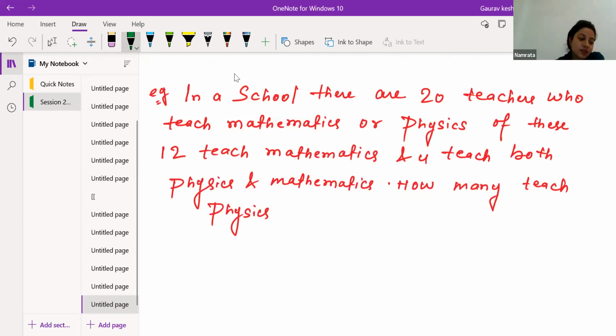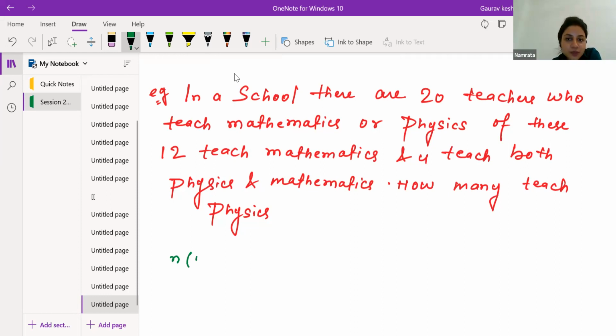What is already given in the question? Number of elements in the universal set. In the universal set? That's what you said. Yes.